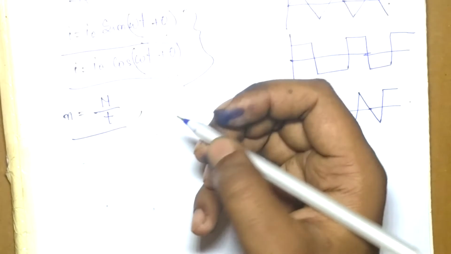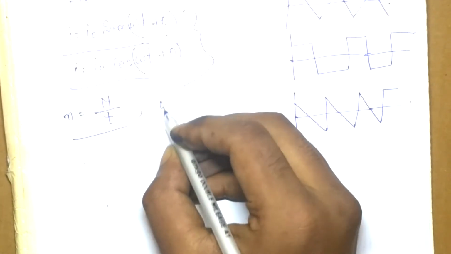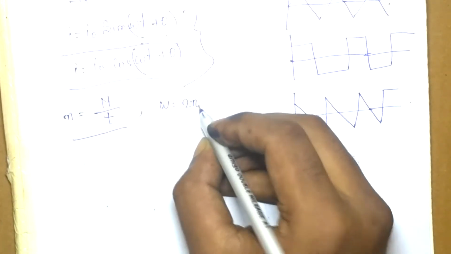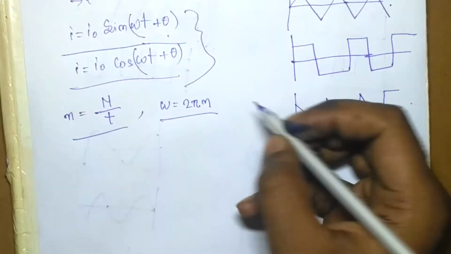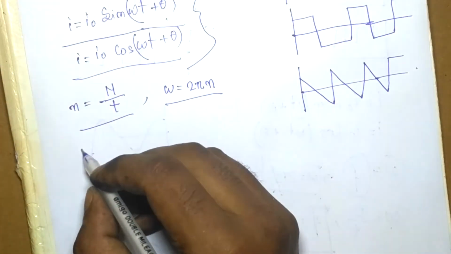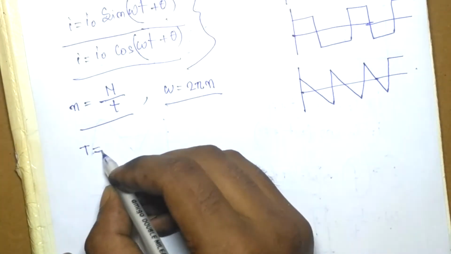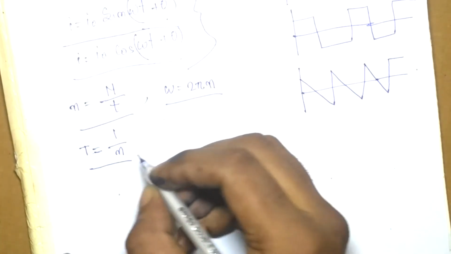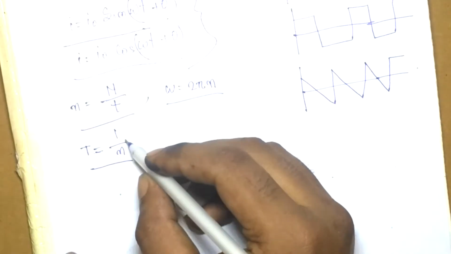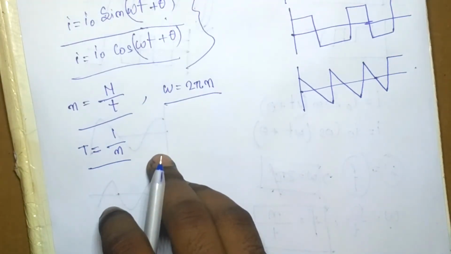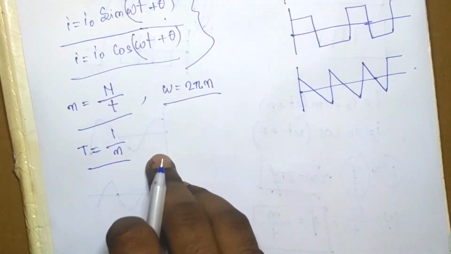Now there is another definition which is angular frequency. If we multiply n with 2 pi, we get angular frequency. And there is another definition which is called time period. So time period is actually the inverse of n, and the definition of time period is the time taken for one complete oscillation.